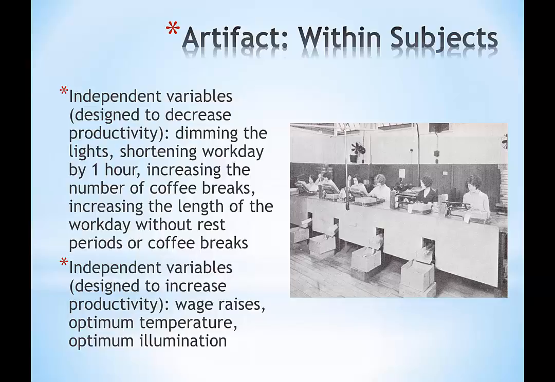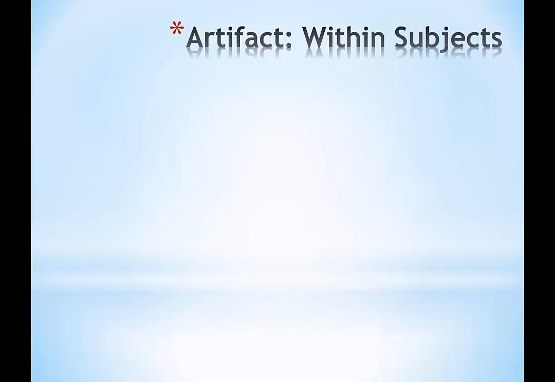And so this is almost like a push pull. The idea being, can we manipulate the output and the productivity by manipulating the variables? These variables, physical, environmental variables, or coffee breaks, rest breaks, bathroom breaks, into the nature of assembly line work.